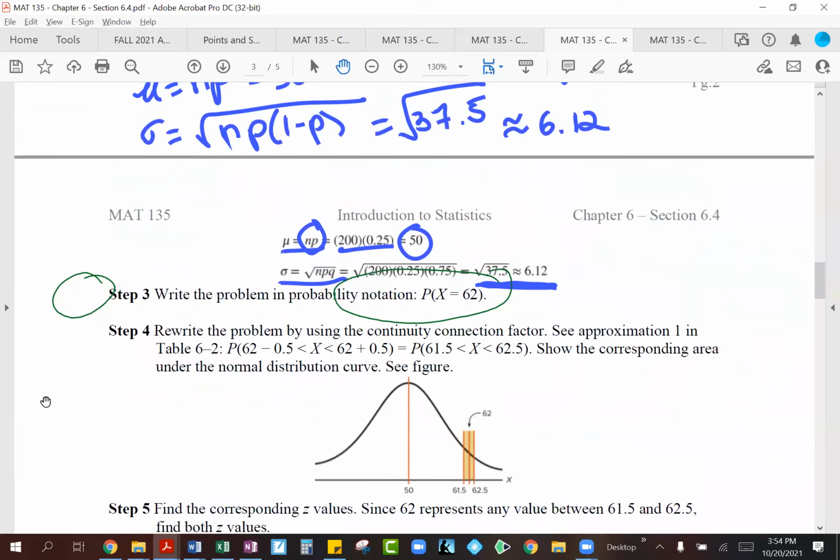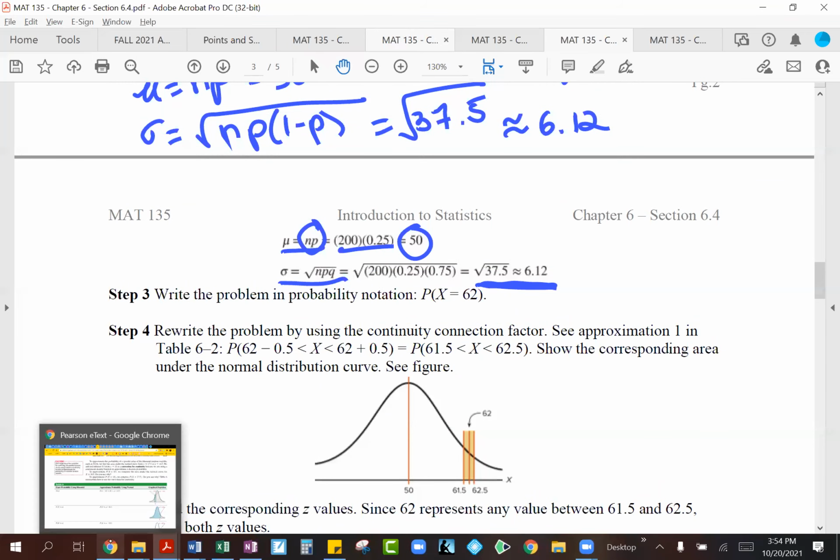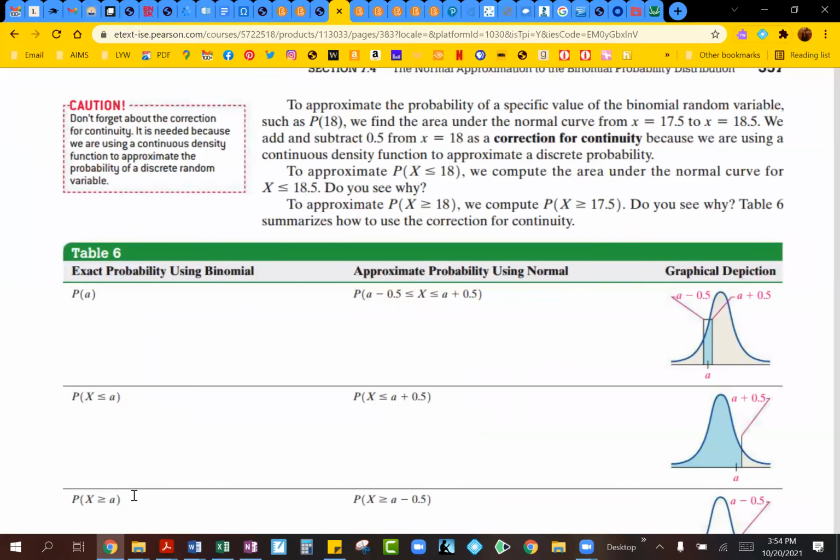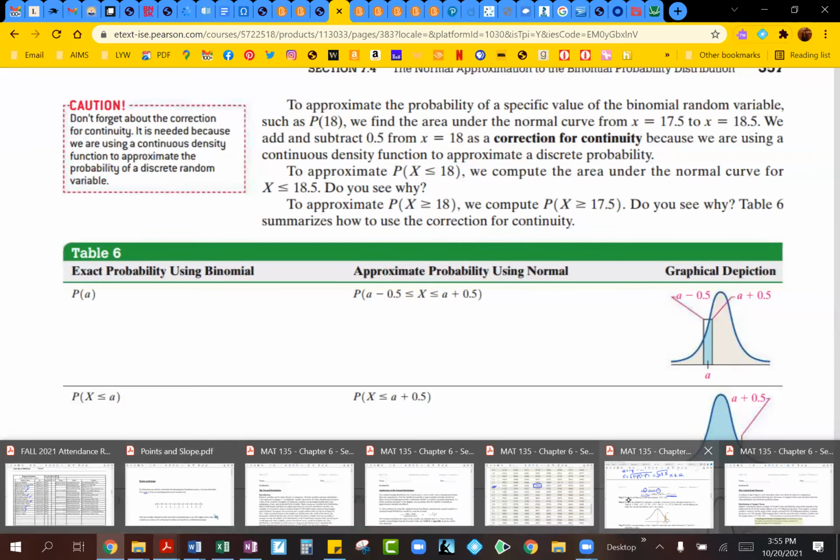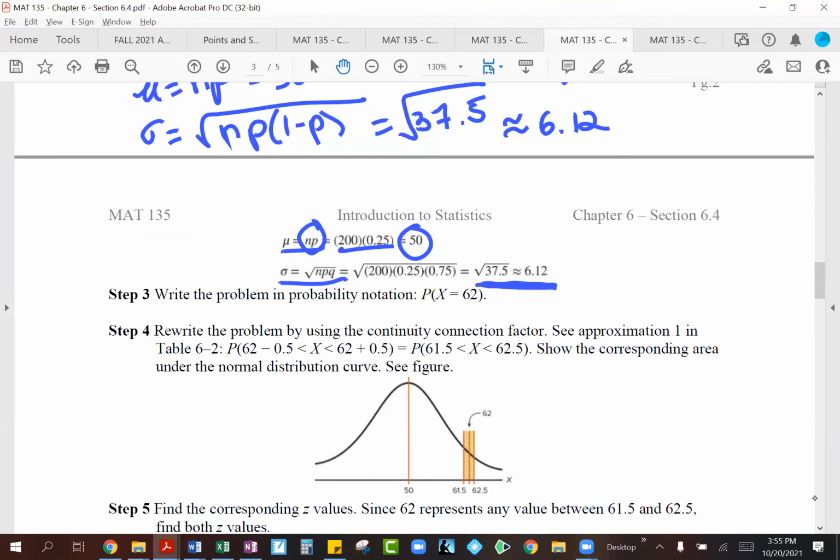And so remember, this is where you end up subtracting 0.5 and adding 0.5 to create that interval in between the two values. So with 62, subtracting 0.5 will put us at 61.5. With 62 added with 0.5 will put you at 62.5.